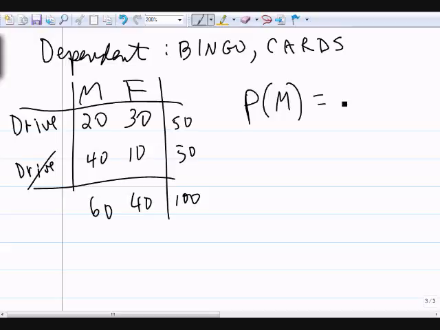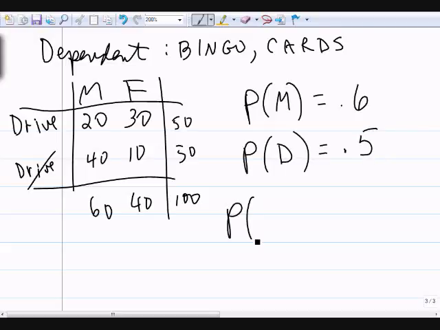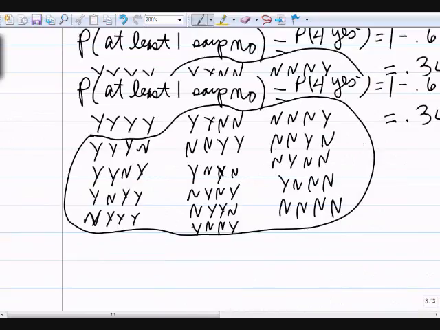I've got 60 males. That's 60%. What's the probability that I've got somebody who drives to school? 50%. Now, what's the probability that I have somebody that is both male and drives to school? That's 20.